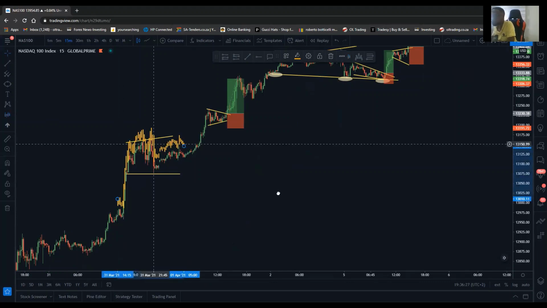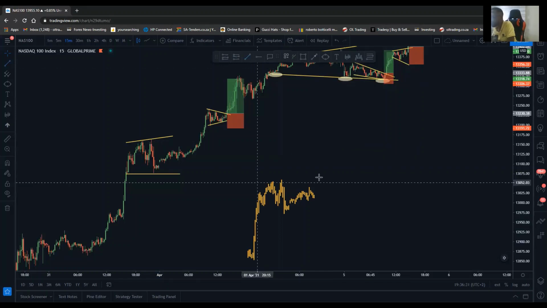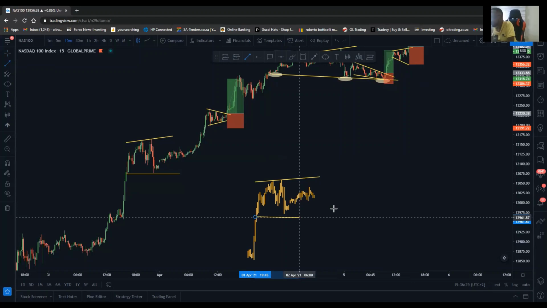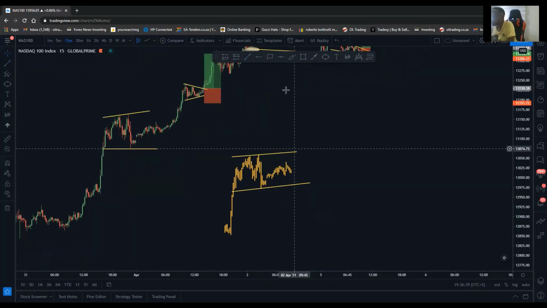So you really need to understand what you possibly see here and compare to what you obviously know. So basically at this level, you know that the market should rather come back for the third time, or it can push up coming from here.